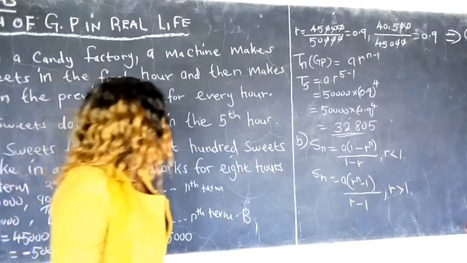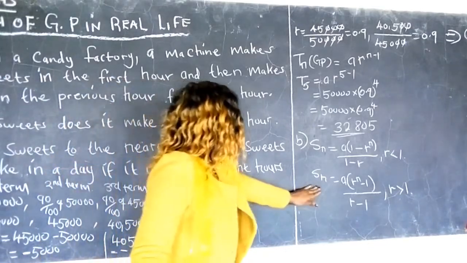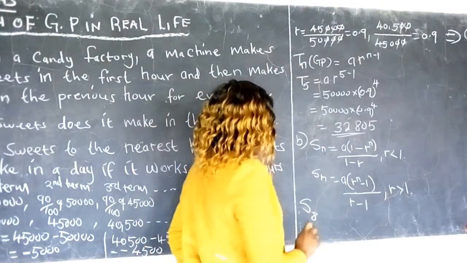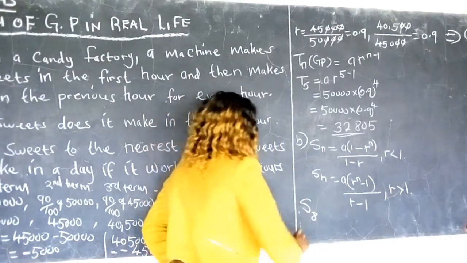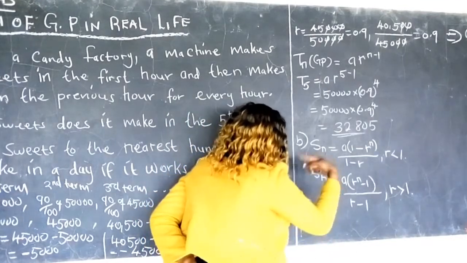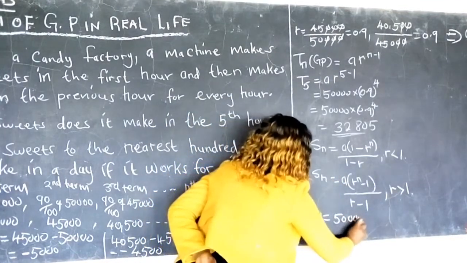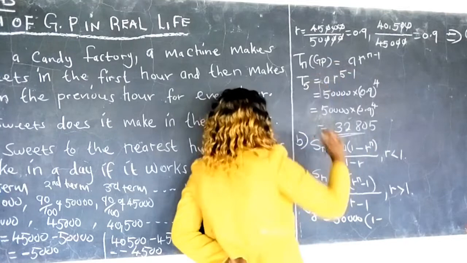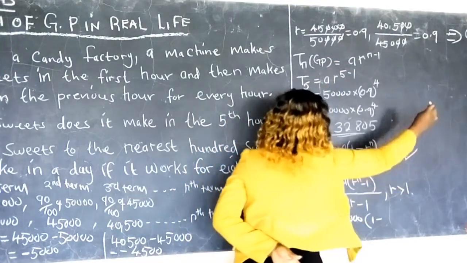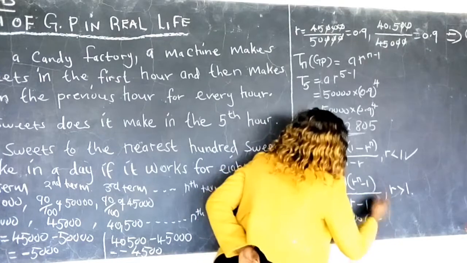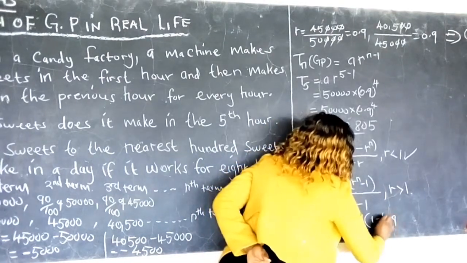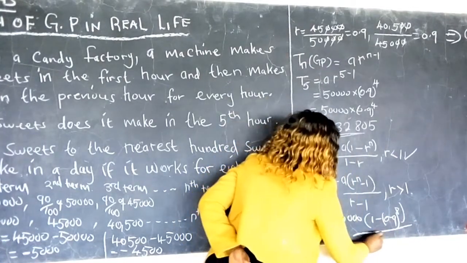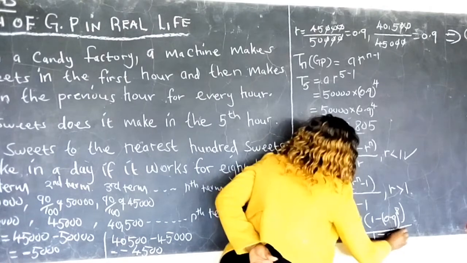So having said that, we can proceed to our question, whereby we are supposed to get the sum of the first 8 terms of a geometric progression, and we know that our A is 50,000. Because our common ratio is less than 1, we are going to use the first formula: 0.9 to the power 8 over 1 minus 0.9.